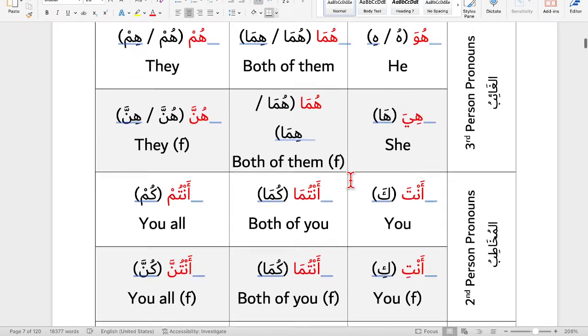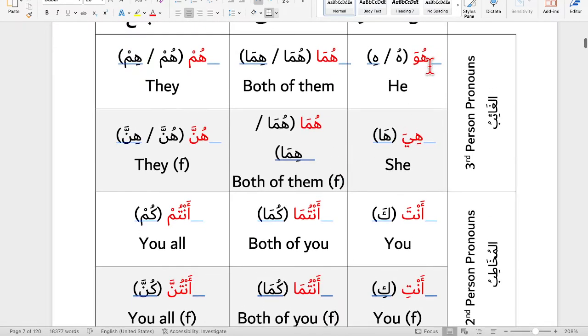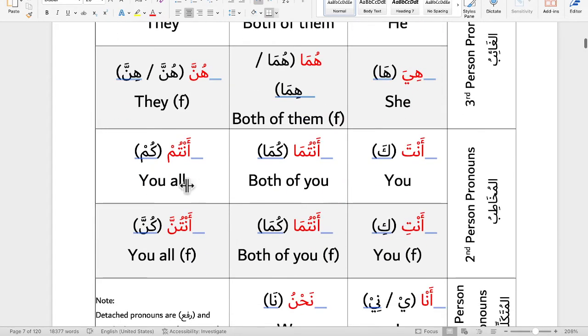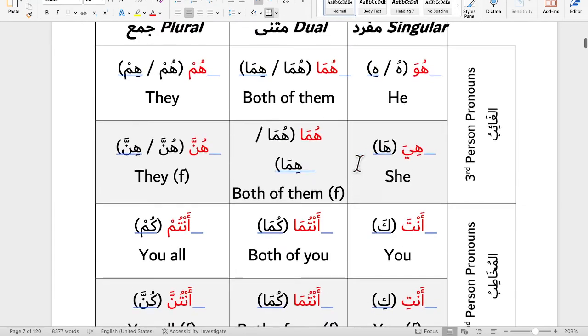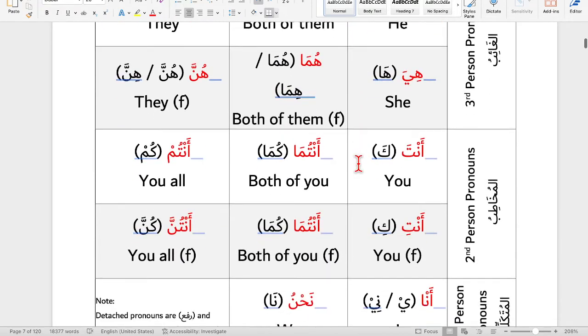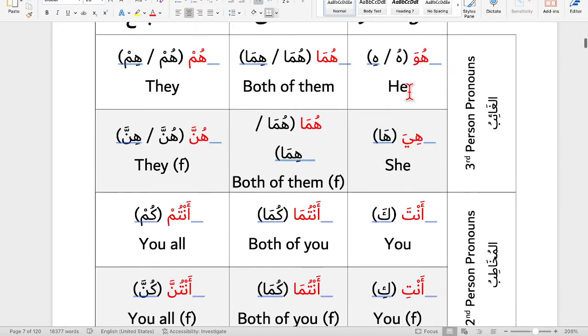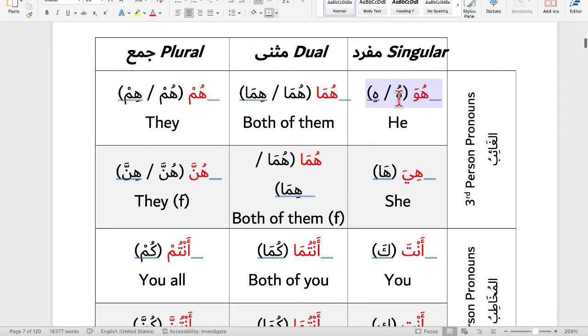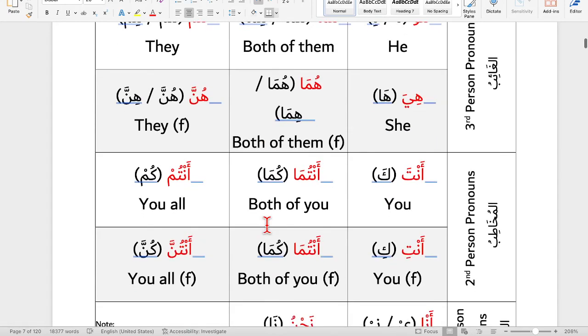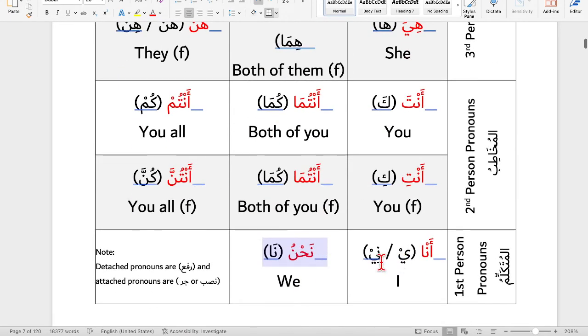Slowly you will come to know, but in the beginning, I would say huwa, huma, hum, hiya, huma, hunna, anta, antuma, antum, anti, antuma, antunna, ana, nahnu. So those are the 14 pronouns, and for the attached forms, you just remember hu or he, huma, hum, ha, huma, hunna, ka, kuma, kum, ki, kuma, kunna, ya or ni for ana, and na for nahnu.